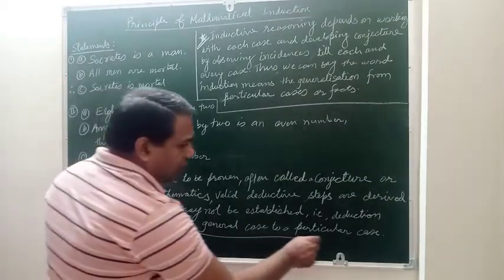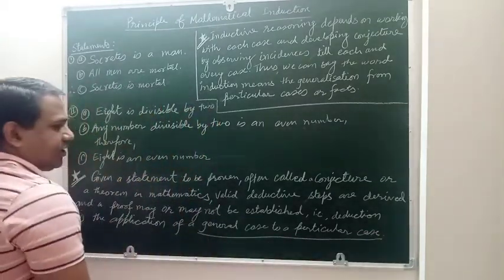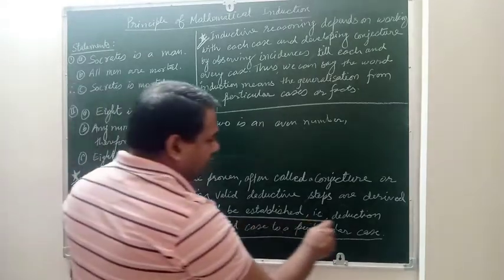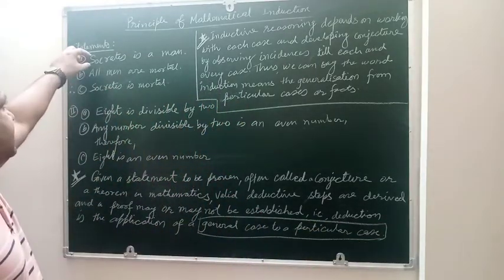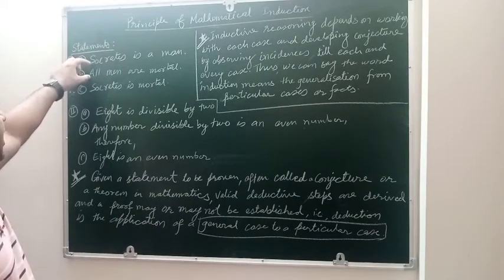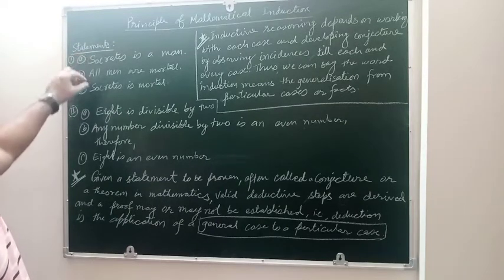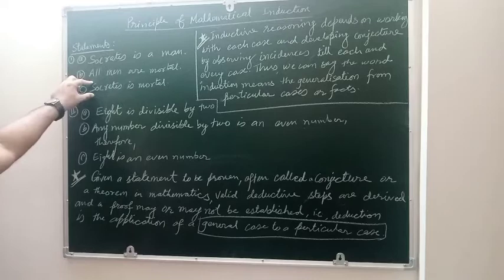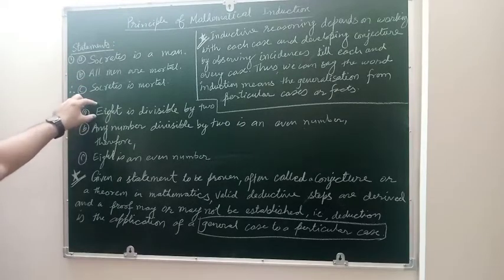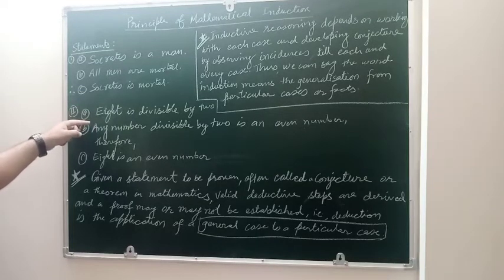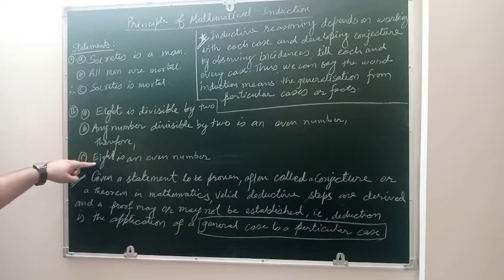General case to a particular case. Deduction is nothing but this. This is a general case, this is a general case, and using these two, you derive this particular case. Similarly, over here, this is a general case, this is a general case, and using these sentences you are deriving this particular case.